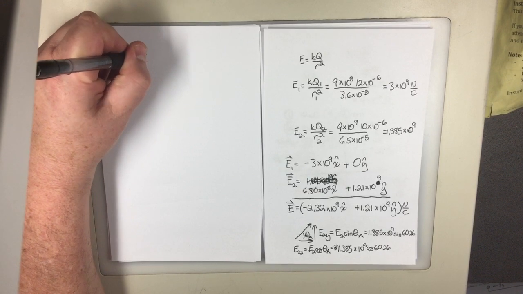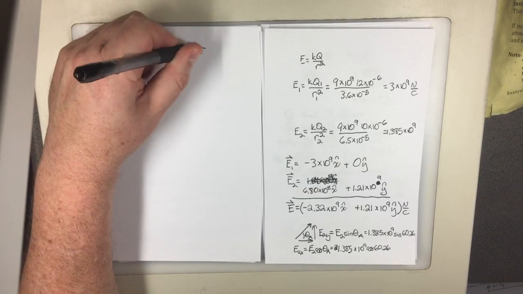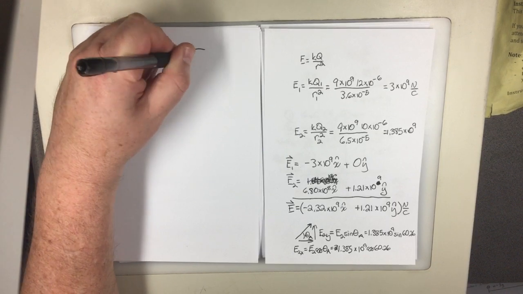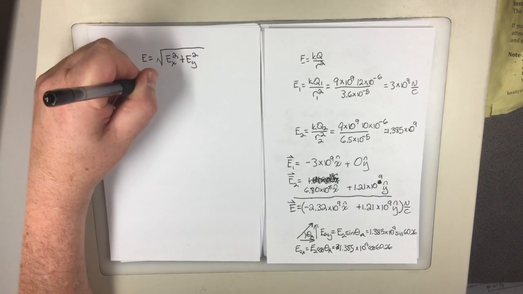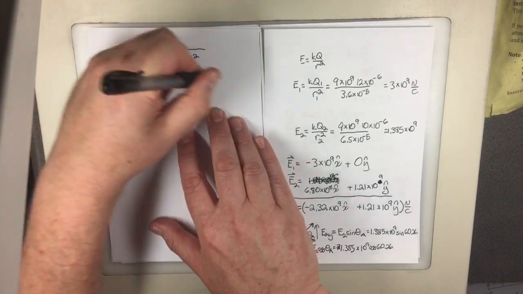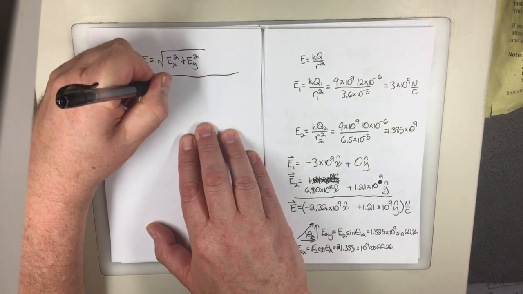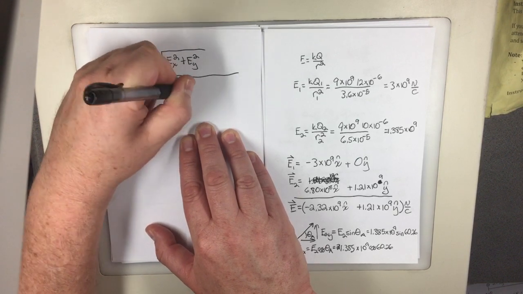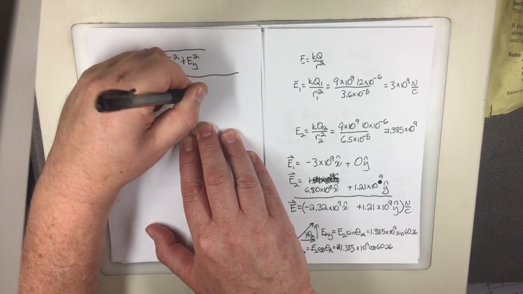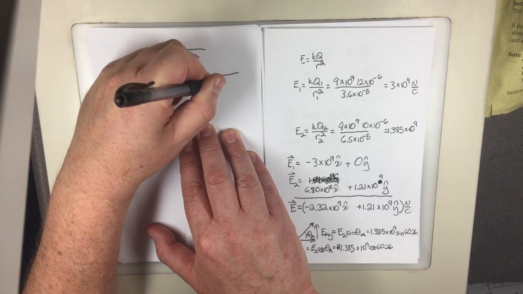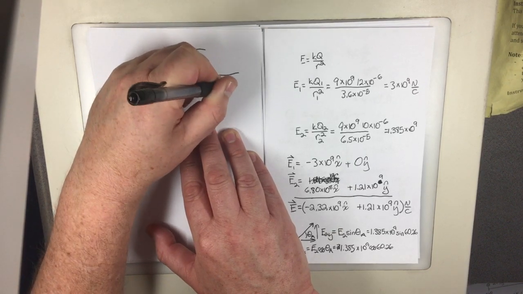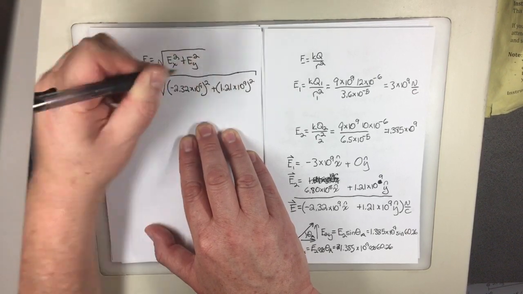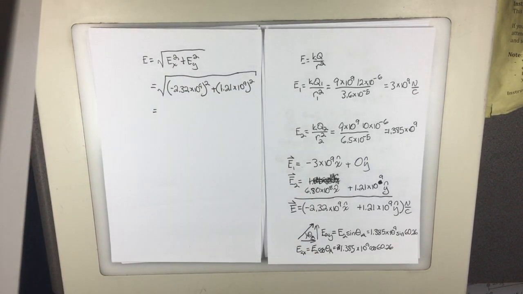The E field total vector is the square root of EX squared plus EY squared. So this gives us the quantity negative 2.32 times 10 to the 9th squared plus the y component squared, which gives us that.